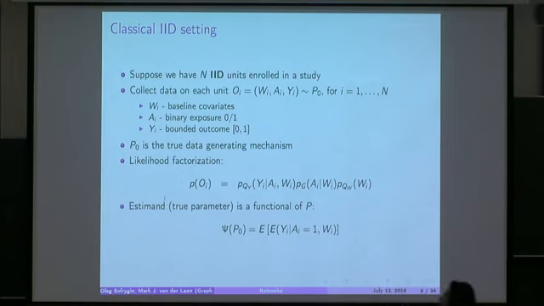And we'll be specifically focused on the parameter of this distribution. It's a functional that takes a particular distribution, or this one, and maps it into some number. And in this case, the number is simply the average of the mean expected outcome across all units, where we set the exposure to 1. And it's a parameter of the data.